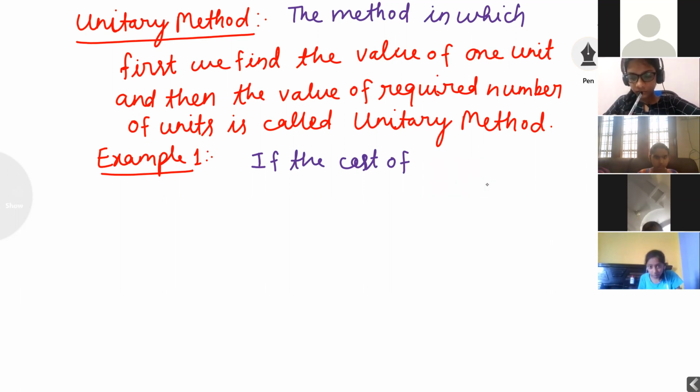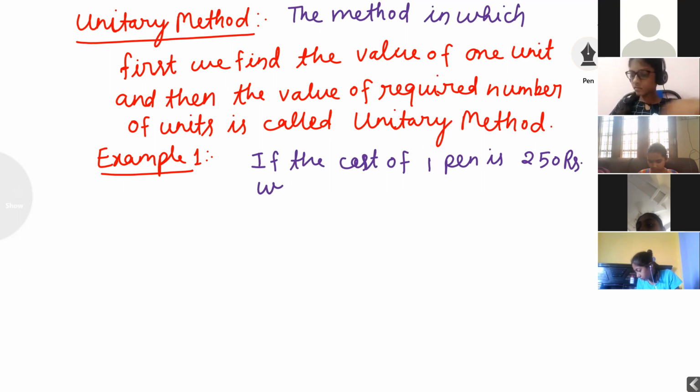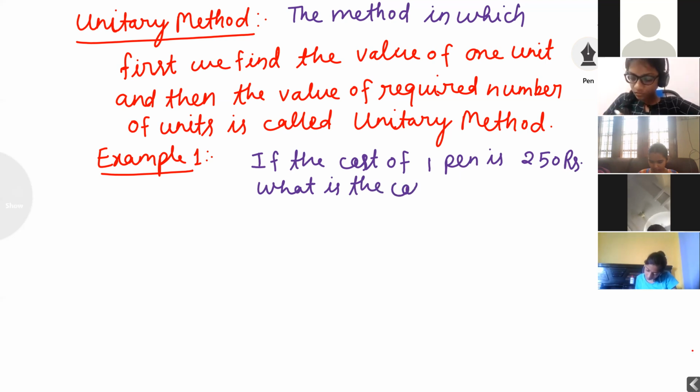If the cost of 1 pen is 250 rupees, what is the cost of 5 pens?